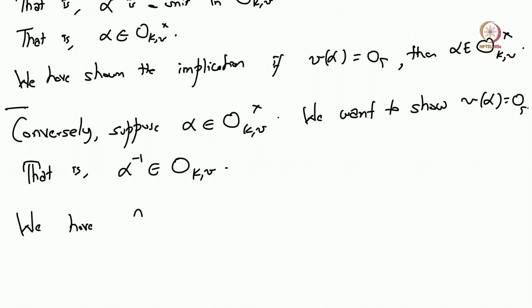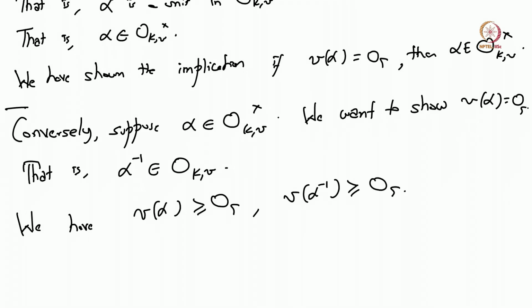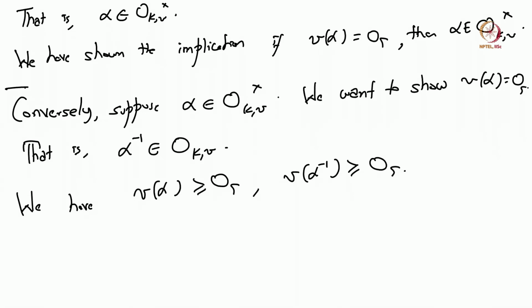So we have that the valuation of alpha is larger than or equal to the identity element of gamma, and the valuation of alpha inverse is larger than or equal to the identity element of gamma. Okay. Now we want to show that the valuation of alpha in fact equals the identity element of gamma.